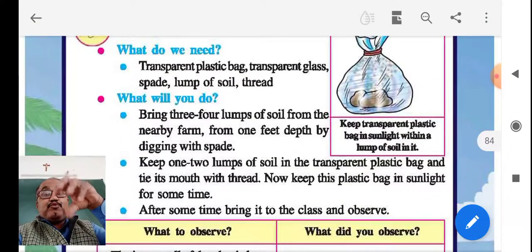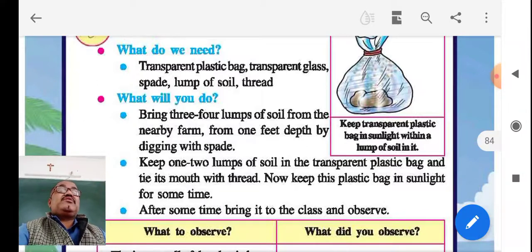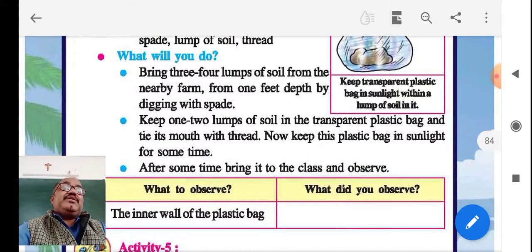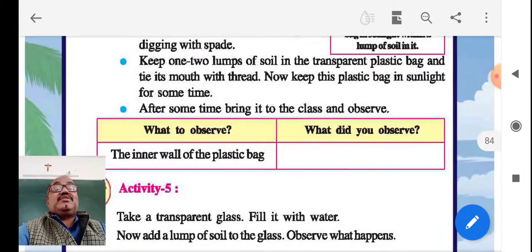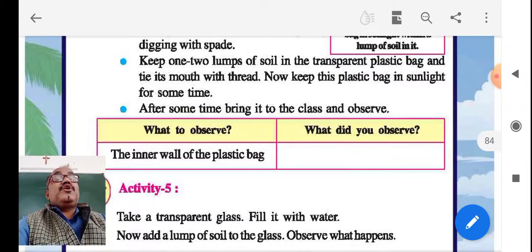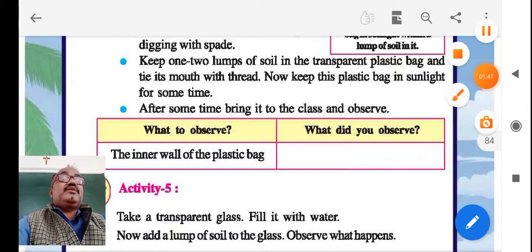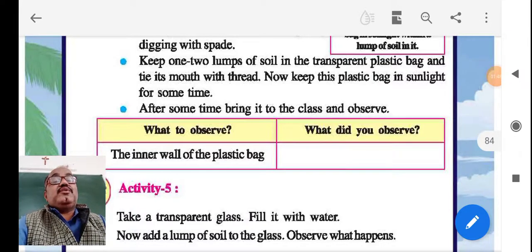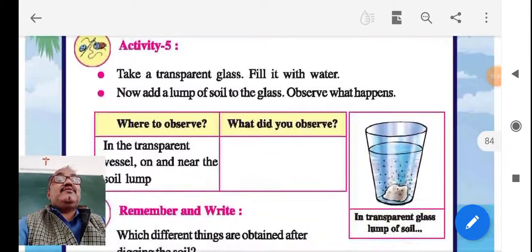When we put one lump of soil into a plastic bag, the humidity comes out, water comes out from it, and we have to observe that. Why is the water coming out? Because soil has humidity in it; soil contains water. That is very important to understand in this activity.